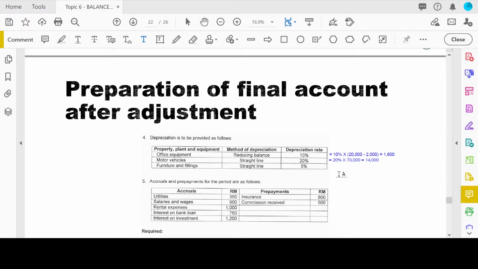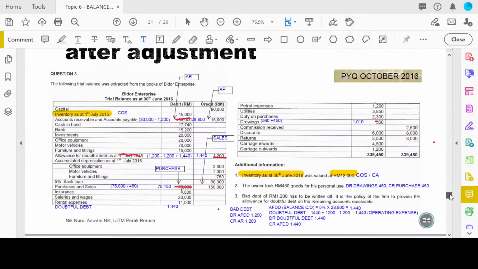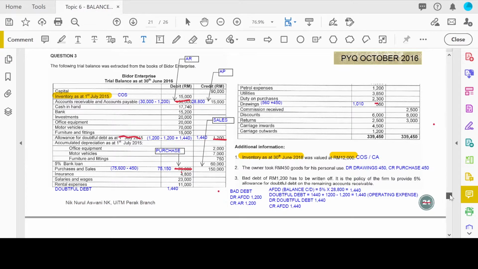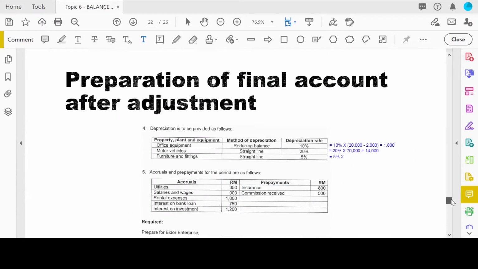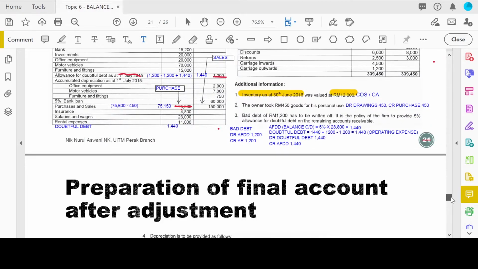And the last one, furniture and fitting, also on cost, at 5%. So 5% multiplied with the cost of furniture and fitting. Furniture and fitting is 750? Did I read correctly?